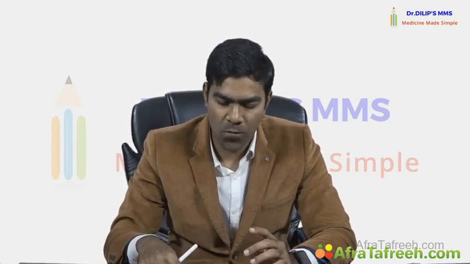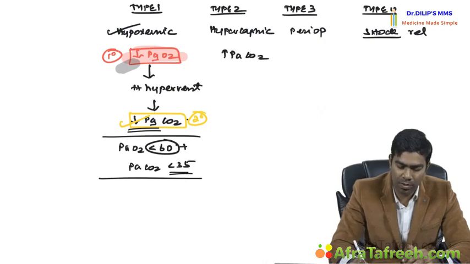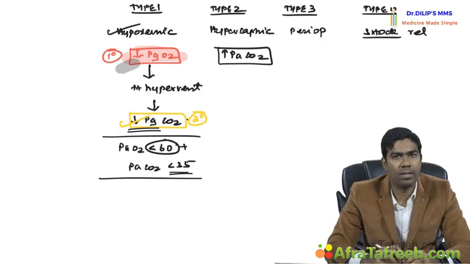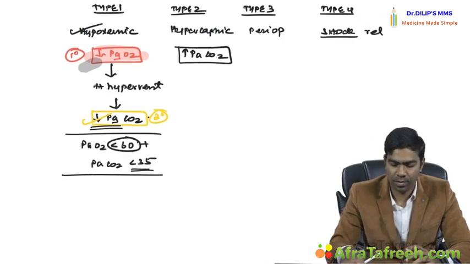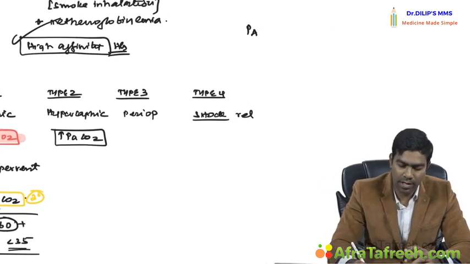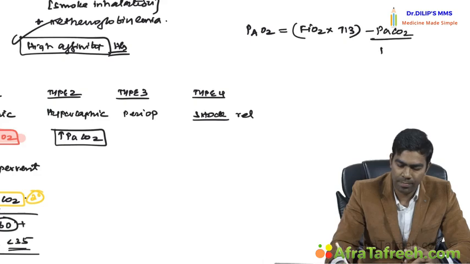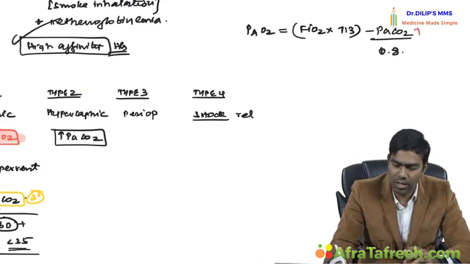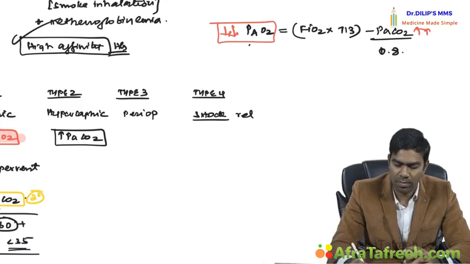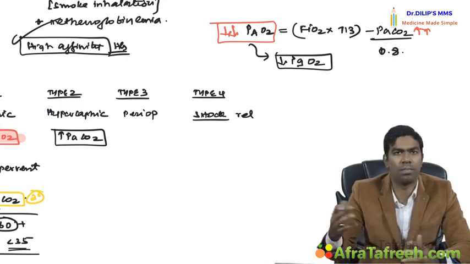Clear? Okay. What is hypercapnic respiratory failure? In hypercapnic respiratory failure, the main problem is elevated PaCO2. I already told you, by your alveolar gas equation, if your PaCO2 is going to elevate, obviously your alveolar oxygen is going to drop, which means automatically your arterial oxygen also will drop because of the drop in the gradient.